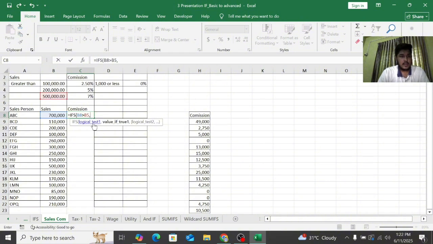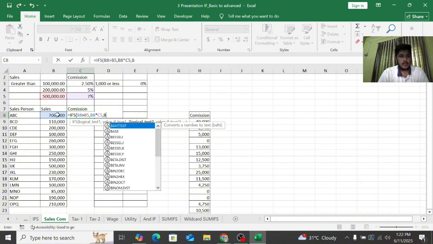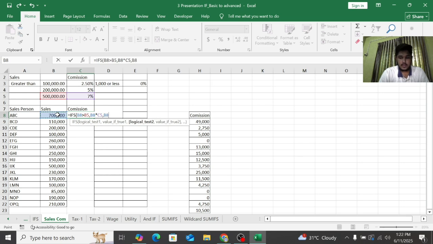The salesperson gets 7 lakh into 7%. Then if the sales is greater than 2 lakh, the value will be 7 lakh into 5%.